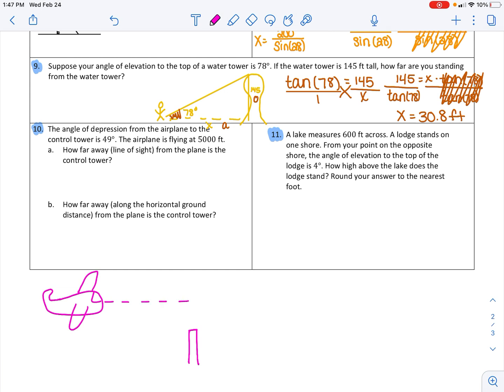If you're looking out of your airplane and then you look down at the control tower, you have a 49-degree angle. It says the airplane is flying at 5,000 feet, which means it is 5,000 feet in the air.